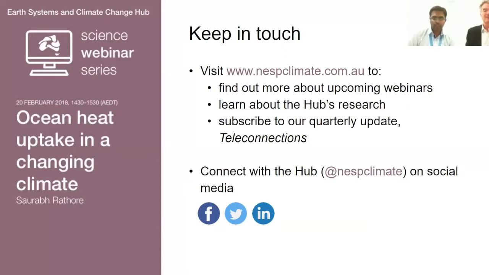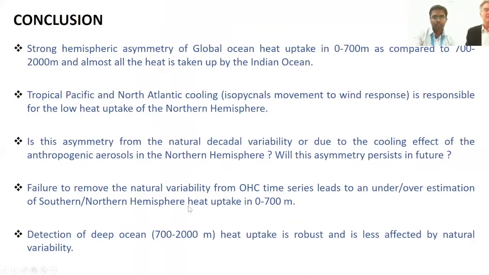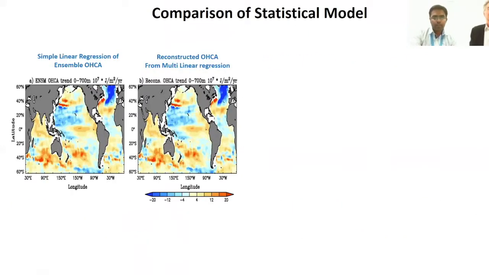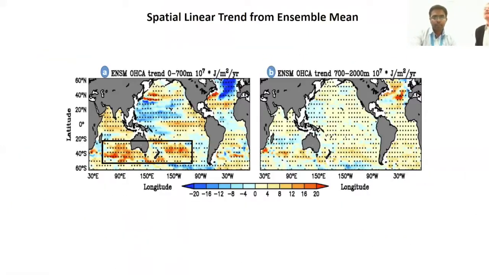from Katya. What is the standard pattern for the spatial linear trend from the ensemble mean slide? So you just might click back. So Katya, this was the pattern mean before eliminating the natural variability.